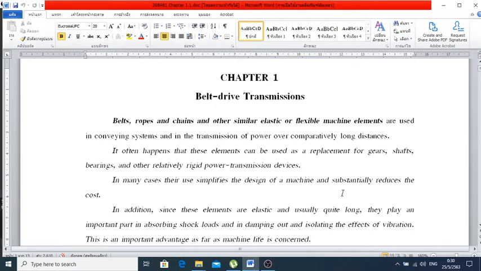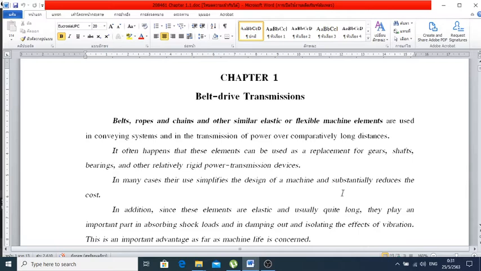Typically, we have two parallel shafts, an input shaft and an output shaft. For instance, we have a motor driving a pump in the manner of parallel shafts. We typically consider belt drive transmission or chain transmission. We're going to talk about it later.